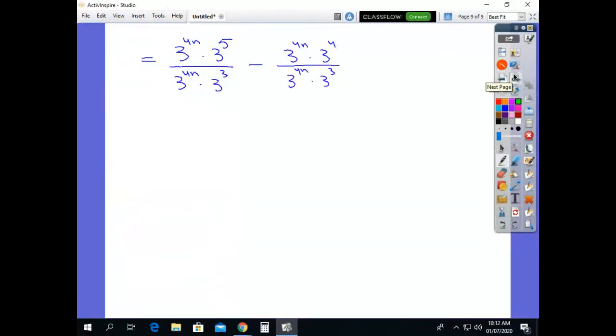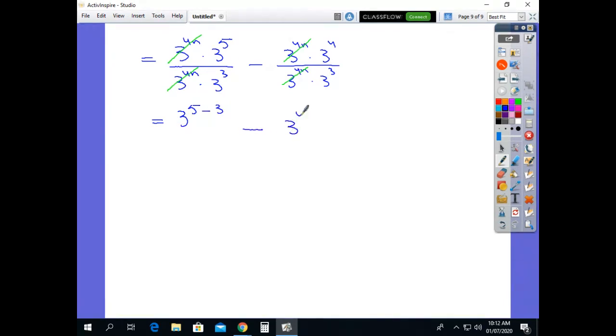Now after simplification, 3 raised to power 4n and 3 raised to power 4n are both the same, therefore we divide them or we cut them down. Clear? Now using the law of exponents, we have the same base 3 raised to power 4n, so we subtract the powers.